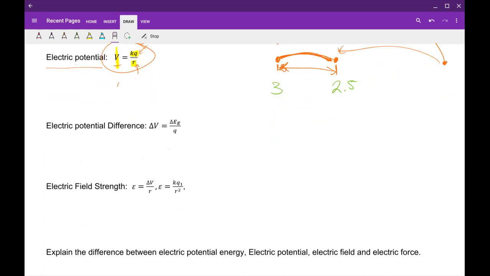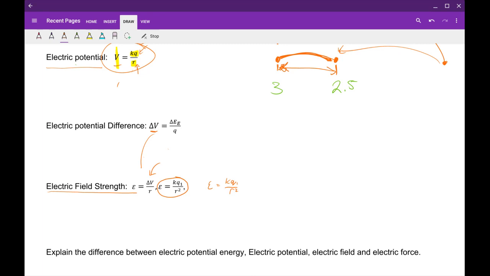Then we also have the field strength here, the electric field strength. Now, the field strength is kQ over r squared. We introduced this at some other time in the past, but I wanted to talk about this formula as well, because here you've got a potential difference, which talks about the energy required to move 1 coulomb from one location to another.